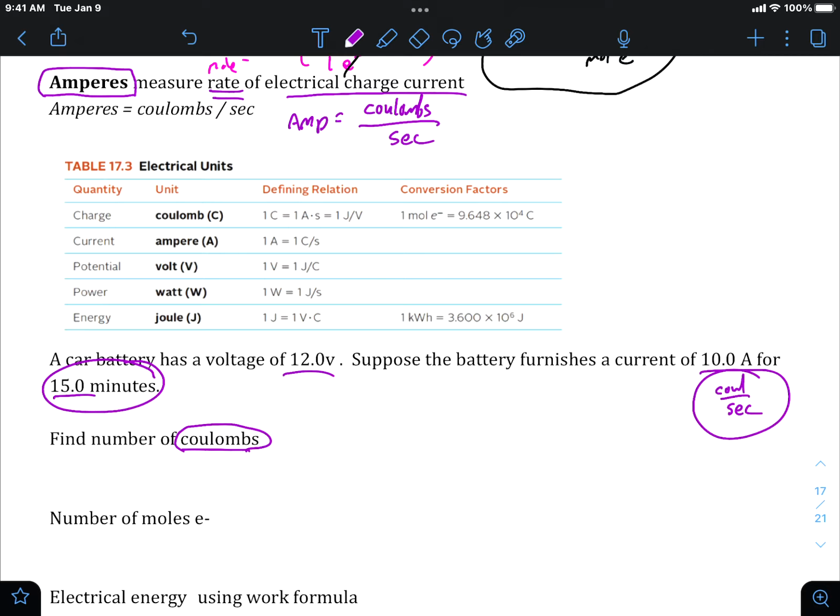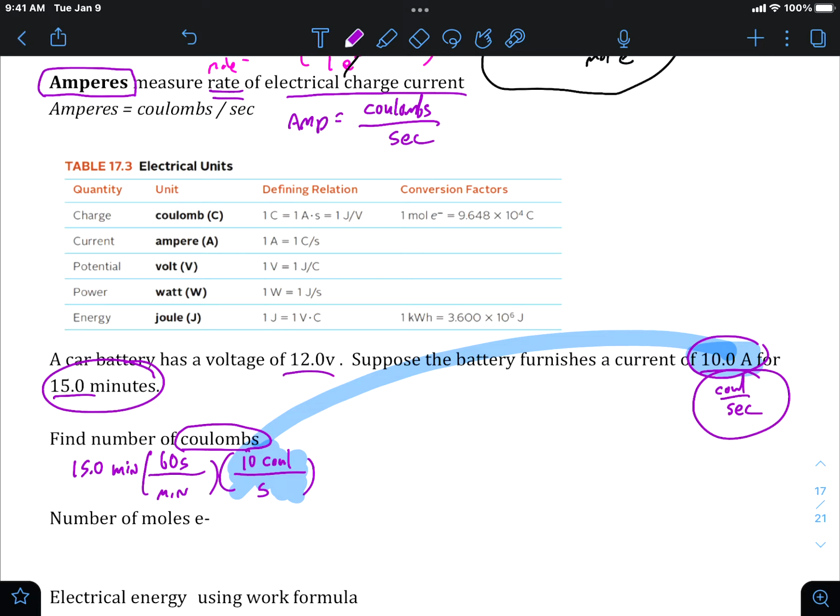Okay, so if we stoke it out, 15 minutes, a minute, 60 seconds, and then there's 10 amps, so 10 coulombs per second. All right, that's important to realize how that goes here.